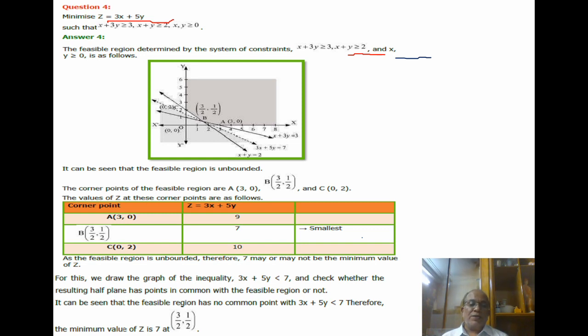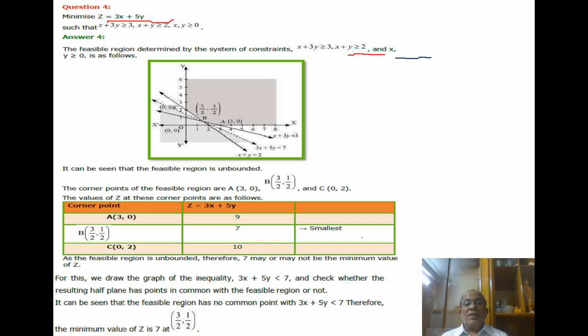And when we put x as 0 and y as 2, we get 3 into 0 is 0, 5 into 2 is 10, so the total is 10. So we can see that this 7 is the smallest one.